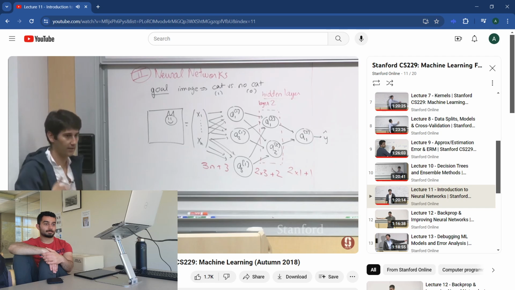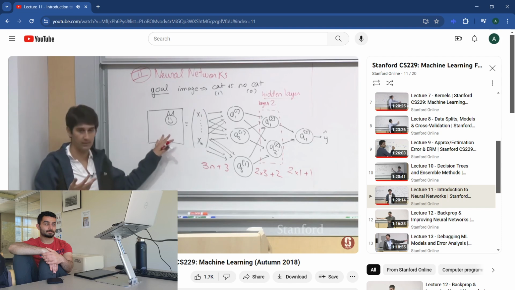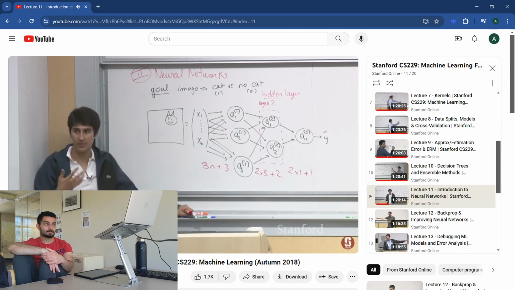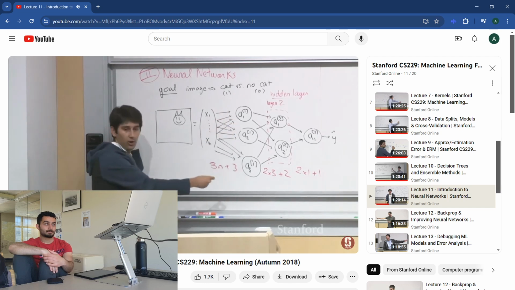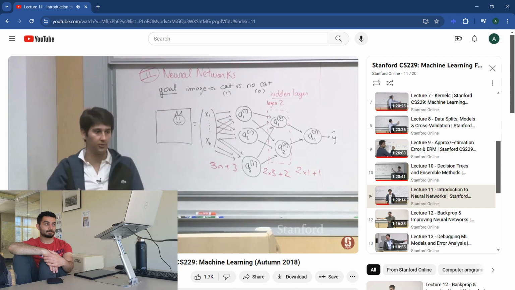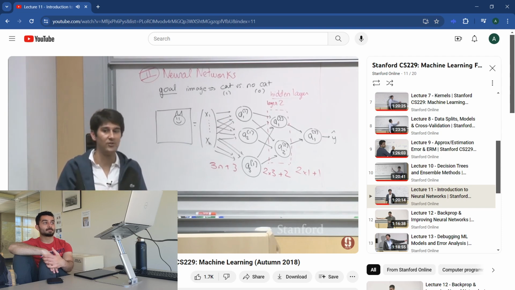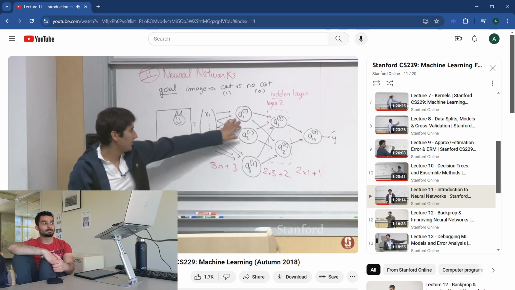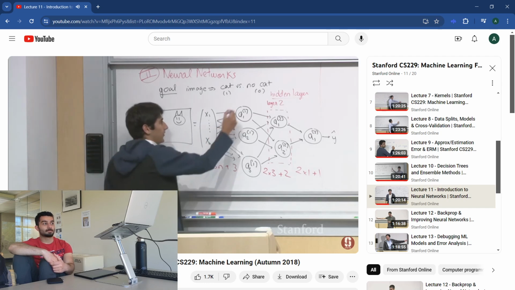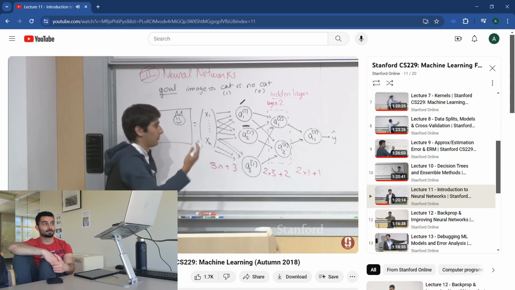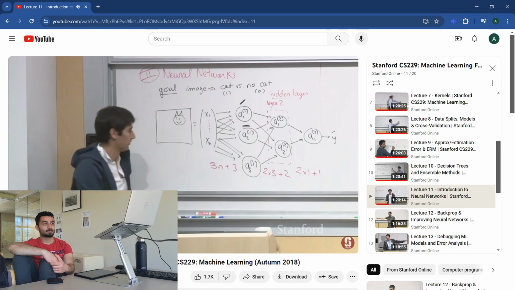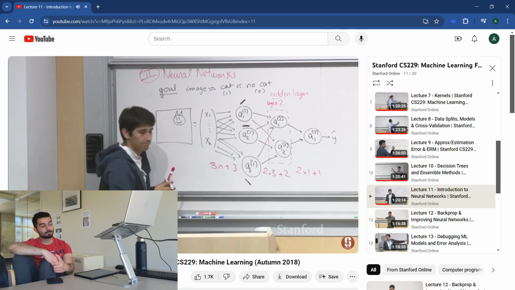If you train this network on cat classification with a lot of images of cats, you would notice that the first layers are going to understand the fundamental concepts of the image, which are the edges. This neuron is going to detect this type of edge, this neuron probably some other type of edge, and this one maybe this type of edge.